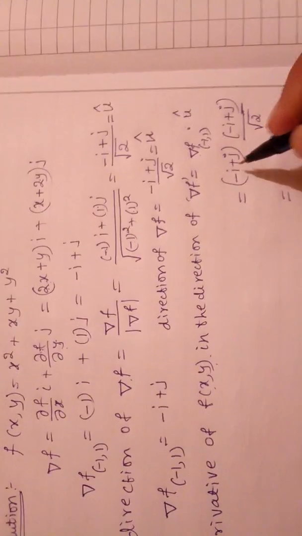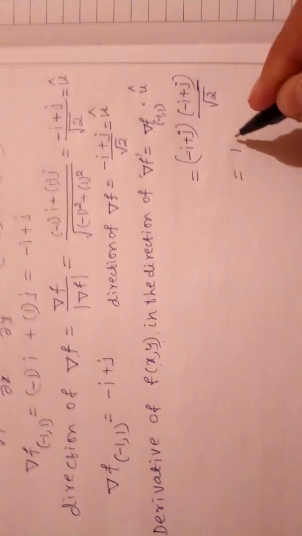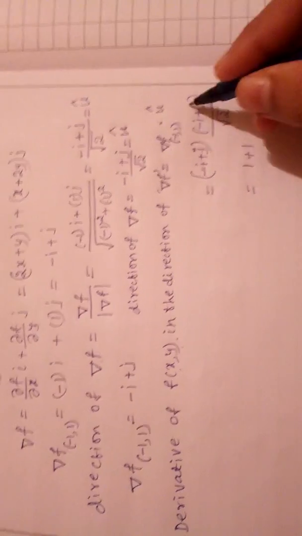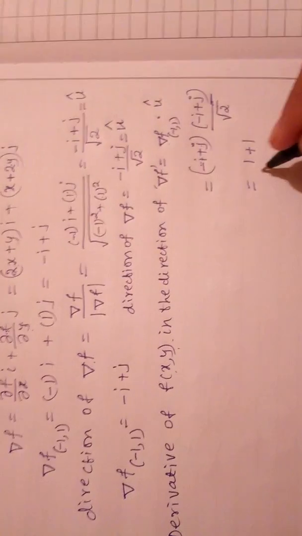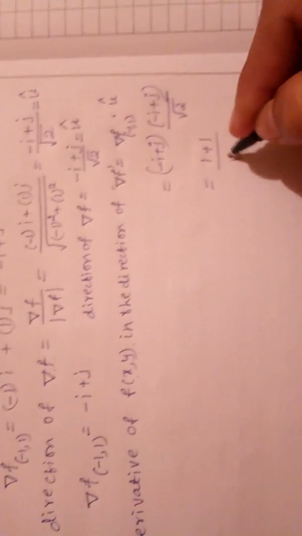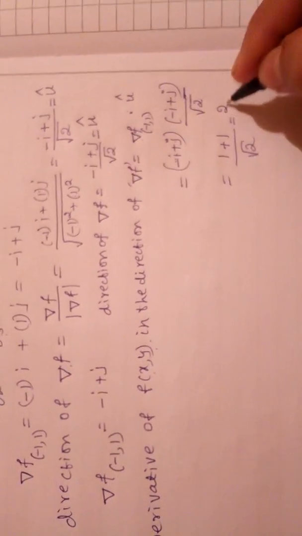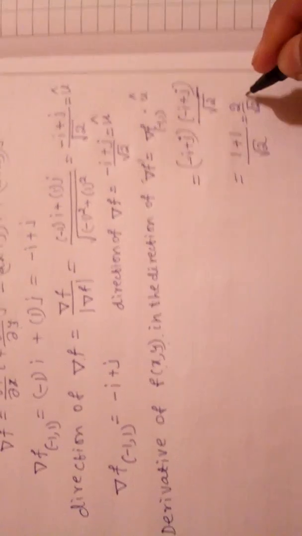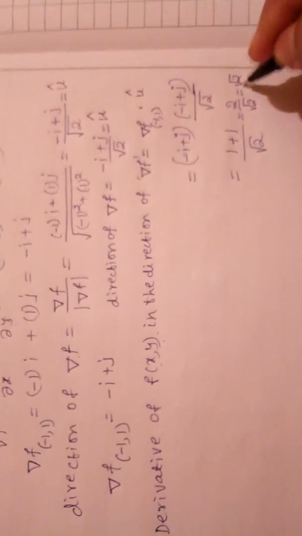Then -i into -i is plus 1 and j into j is plus 1, while i into j and j into i become 0, divided by root 2. This is equal to 2 by root 2, which equals root 2.